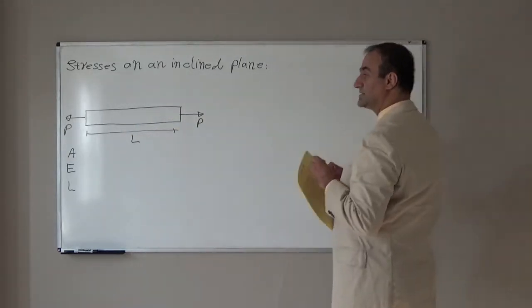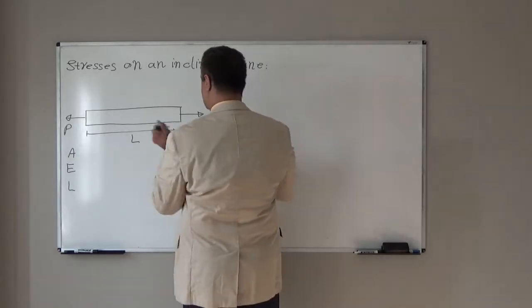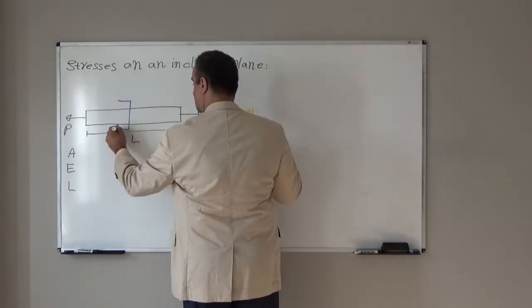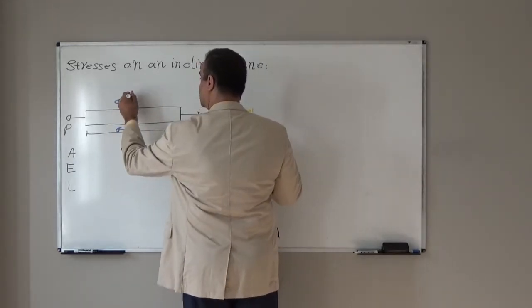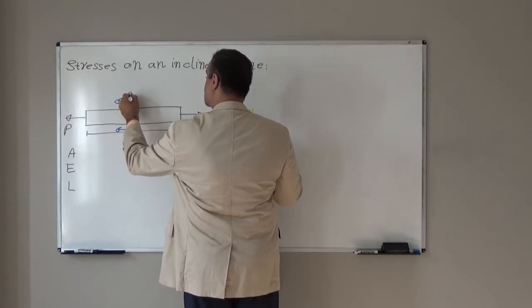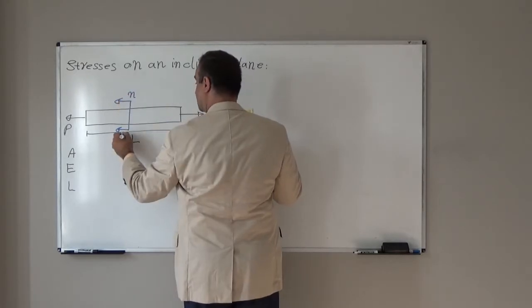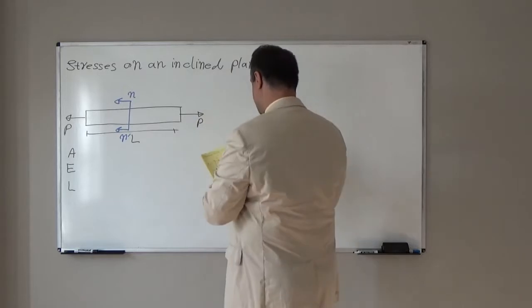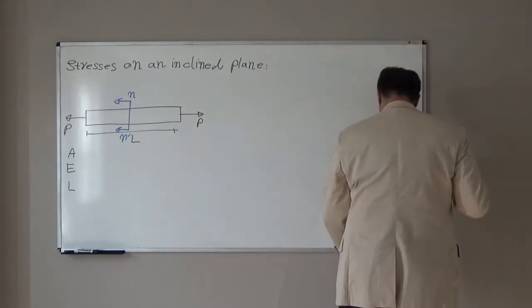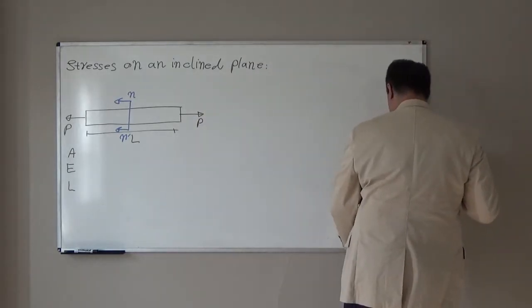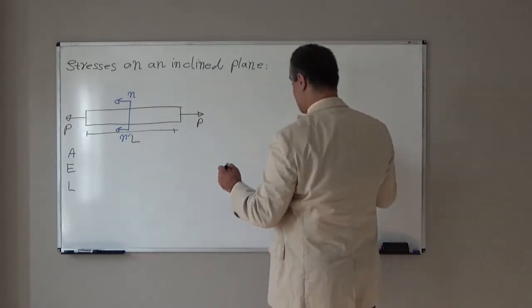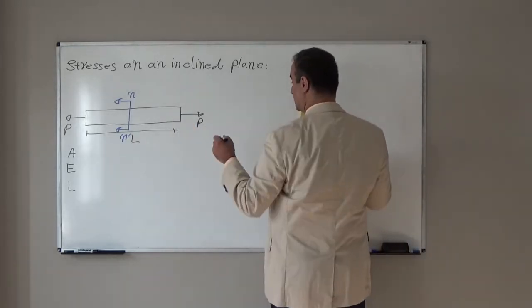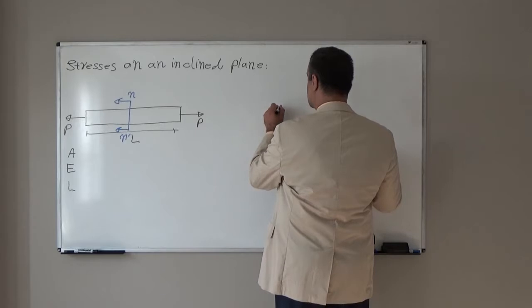If we cut this rod perpendicular to the rod, in this section, which I call N prime, we will have only normal stress.